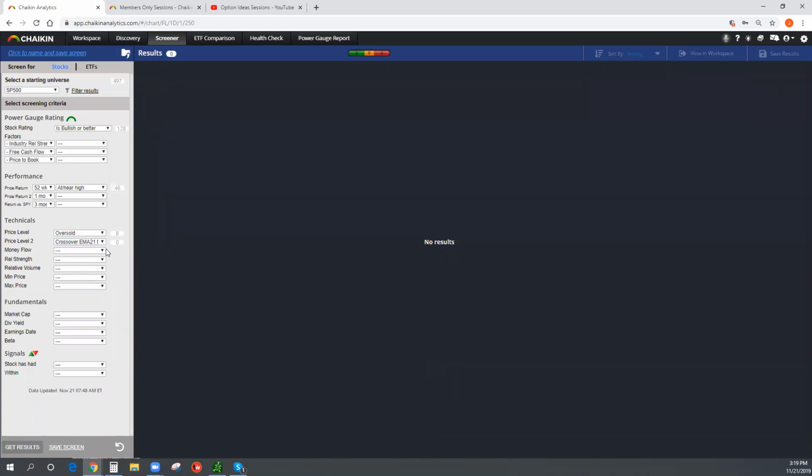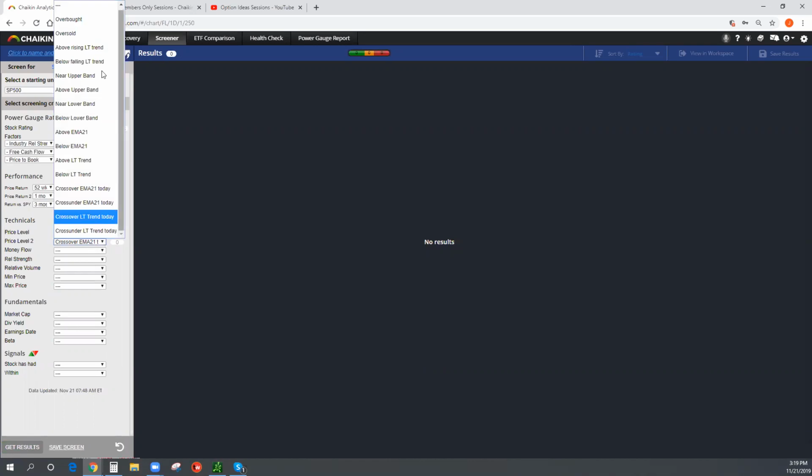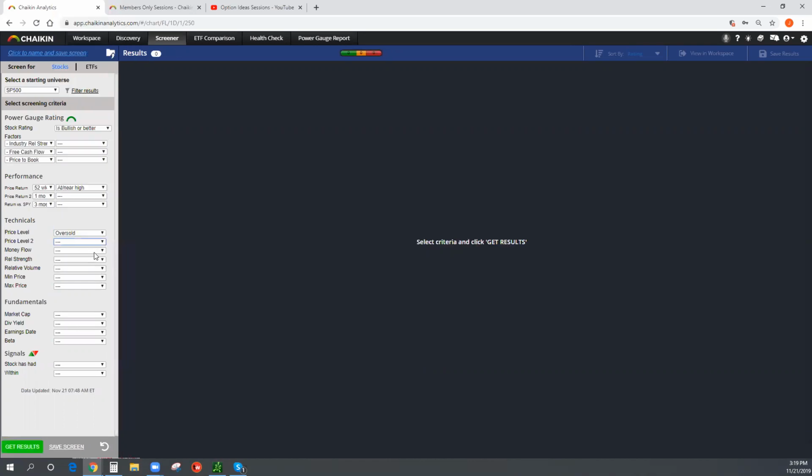So that's price level. You can combine those price levels, I'm going to leave the oversold on there, with money flow. Money flow can be very strong, strong, weak, or very weak, and that means today's reading. If you want to look at money flow over time, then you would want to look at persistencies. 1 month, 3 month, or 6 month persistencies are going to identify money flow that has been more bullish than bearish, or more bearish than bullish over those different time frames.